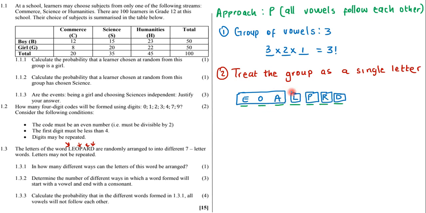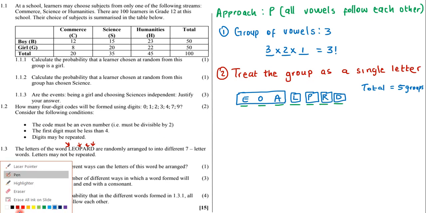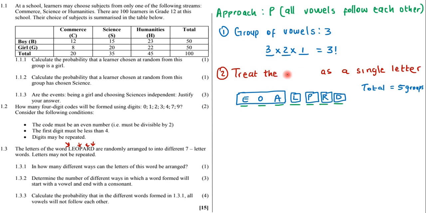Now, if you notice here, this gives us a total of 5, or we can look at it as 5 groups instead of letters. I don't know if that makes sense, but basically this is going to be group 1, group 2, group 3, group 4, group 5.